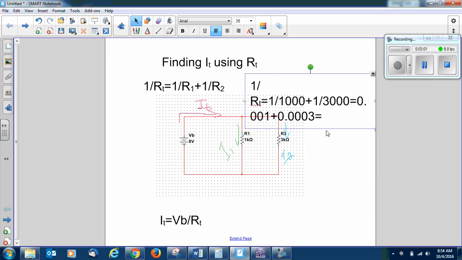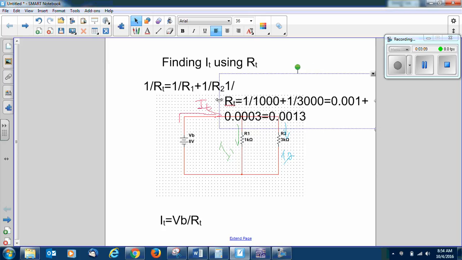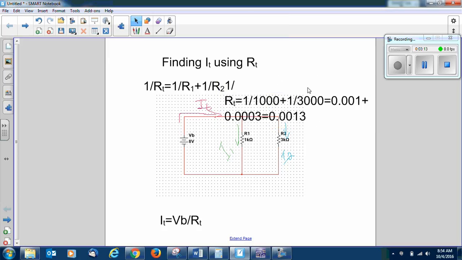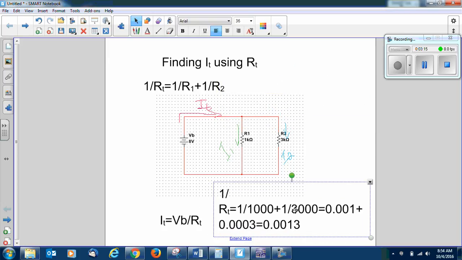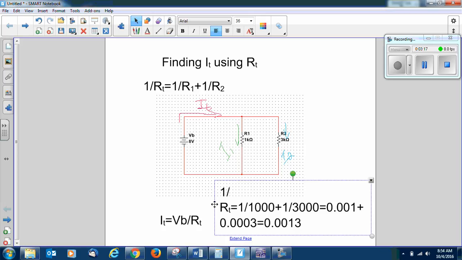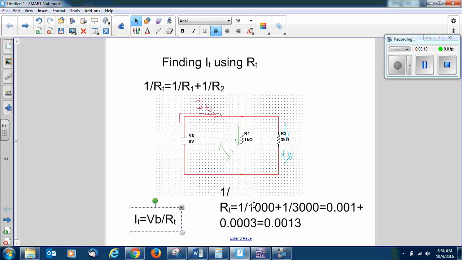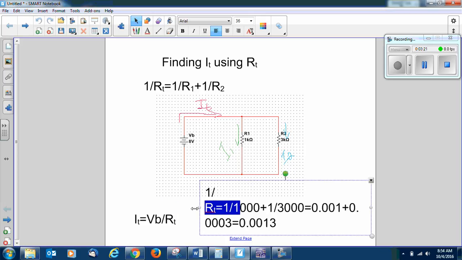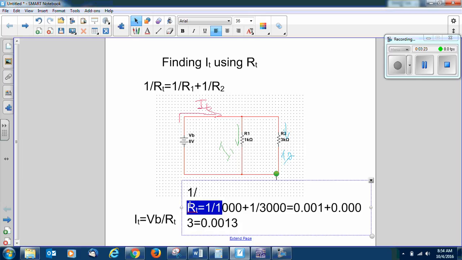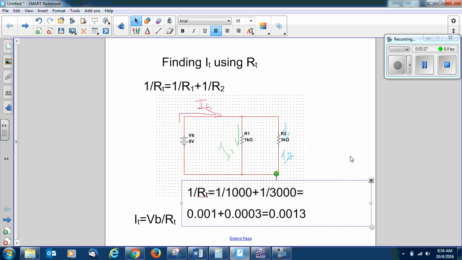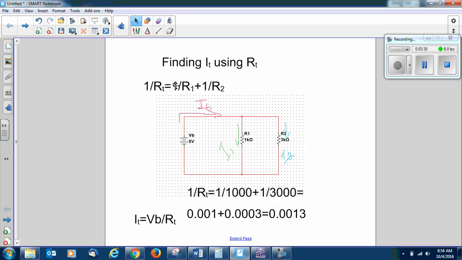So that comes out to 0.0013. Let me stretch it out a little. There we go. Much better.